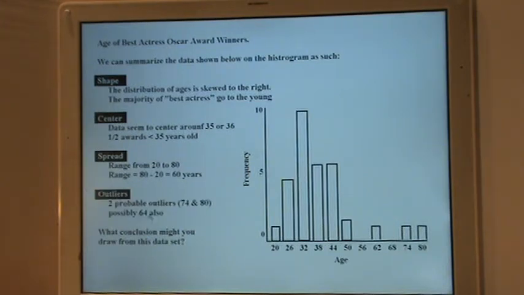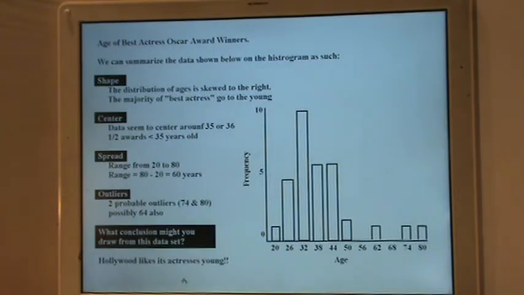The outliers, I think we have 3 probable outliers. It says here 74 and 78, but I think 62 is a probable outlier also. So we had 3 probable outliers. So looking at this shape of this distribution and the histogram, what conclusions might we say? Well, it looks like Hollywood likes its actresses young. Its award-winning actresses young.